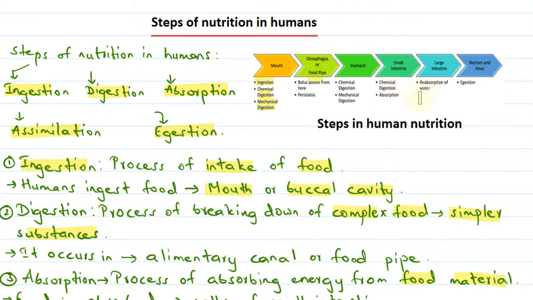Then the next step is assimilation. Assimilation is the process where the absorbed energy is utilized for various body activities. The nutrients obtained from food are utilized for growth and repair of the body.